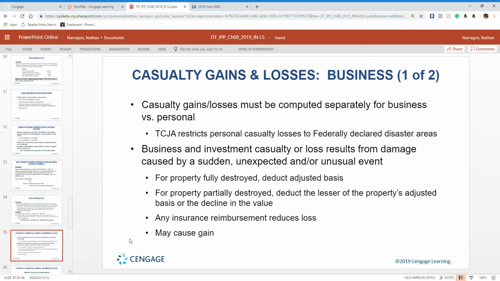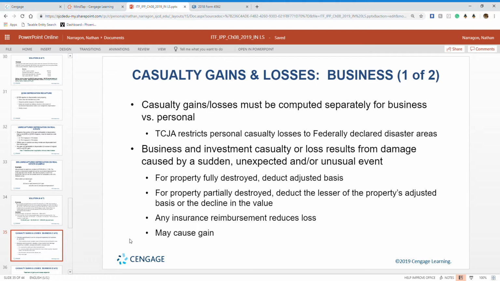Business and investment casualty losses result from damage caused by a sudden, unexpected, or unusual event. And usually we do it this way. For property that was fully destroyed, say some kind of fire came through, we deduct the adjusted basis.